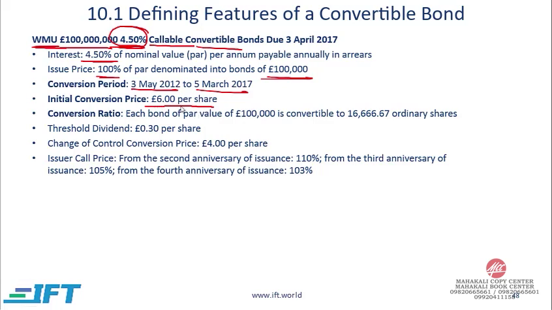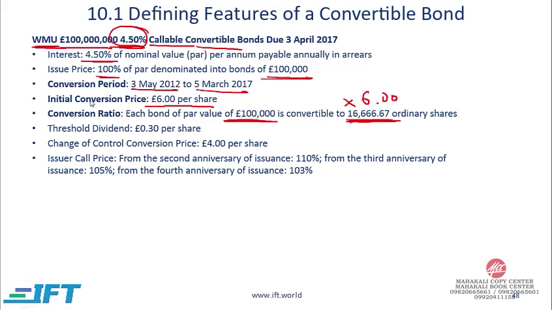This needs to be read along with the conversion ratio. The conversion ratio says that each bond is convertible into this many ordinary shares. Now, if the bondholder chooses to convert, then the money that will be paid will be the number of shares multiplied by the conversion price of 6.